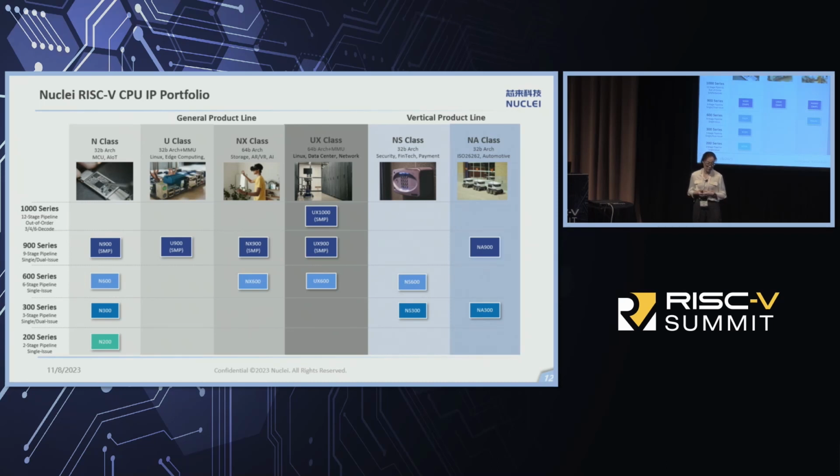The UX 900 is an alternative to ARM Cortex-A55, 53. The highest series is our 1000. This is our first out-of-order core. We will have 3, 4, and 6 different decoder-wise options. That will be available next Q1.